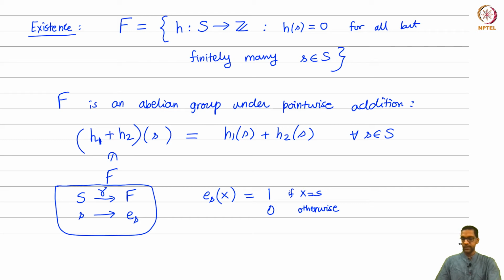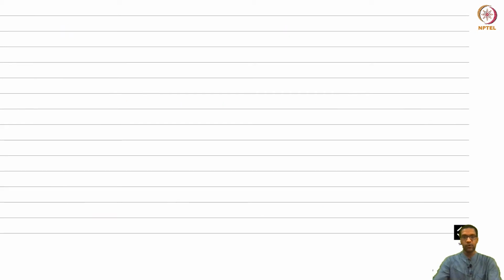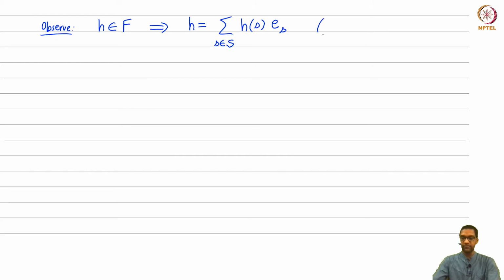Now observe that if I define these functions e_s in this manner, then these are like the coordinate functions, if you wish. Every element of F forms some sort of basis over Z. So given any element h of F, it can be written as the sum of h(s) e_s, with s running over S, but really this is only a finite sum, because h is a function of finite support.